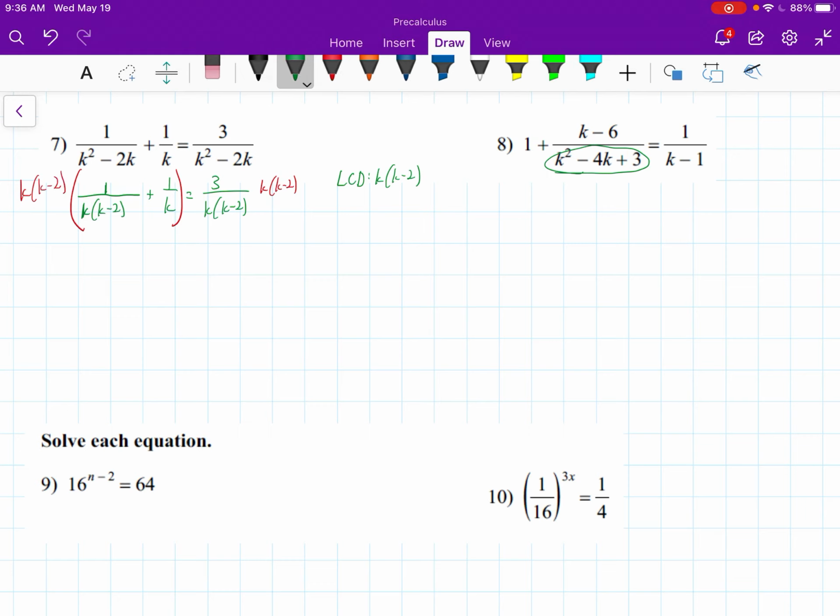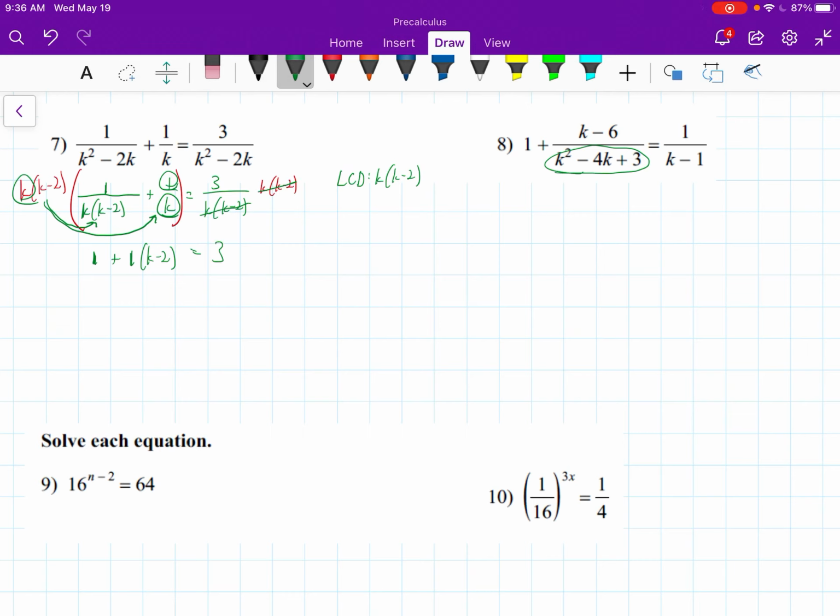And so here we go. When we multiply it times this first term, it cancels completely. So we're just left with a 1. But then when we multiply this here, only the k cancels. So we're left with the 1 here, times k minus 2. Over on the right side, it's just one term. The k times k minus 2 cancels completely, so that equals 3.